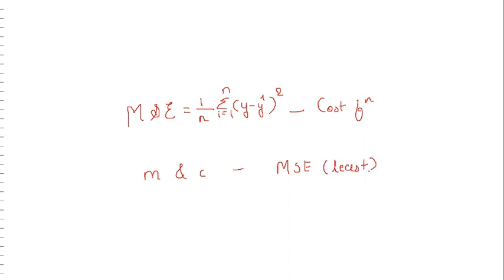So this is the job of gradient descent, to find the combination of m and c such that MSE, that is our cost function, will be the least. Okay, so we can say that gradient descent is an optimization algorithm that finds the minimum of a function. Okay, it updates coefficients, that is m and c, in linear regression.